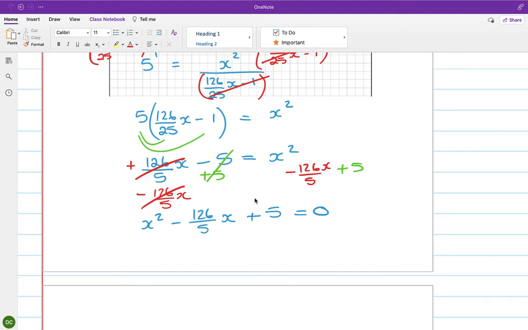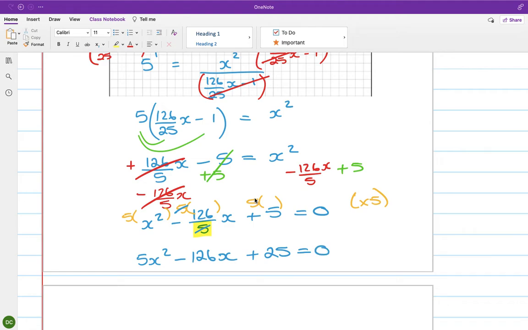And because of this, I'm going to multiply across by 5. So multiply this by 5, and this by 5, and this by 5. And I get 5x squared, these cancel, minus 126x plus 25 equals 0.